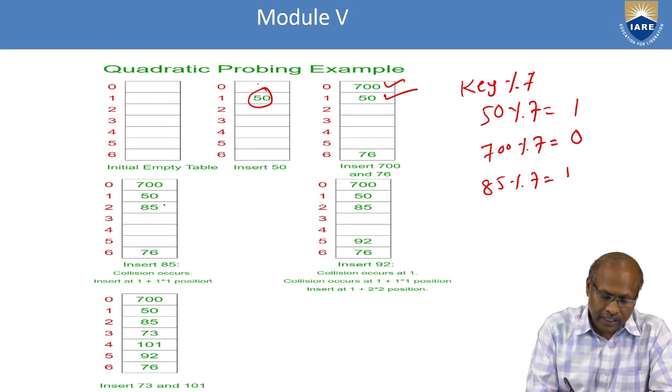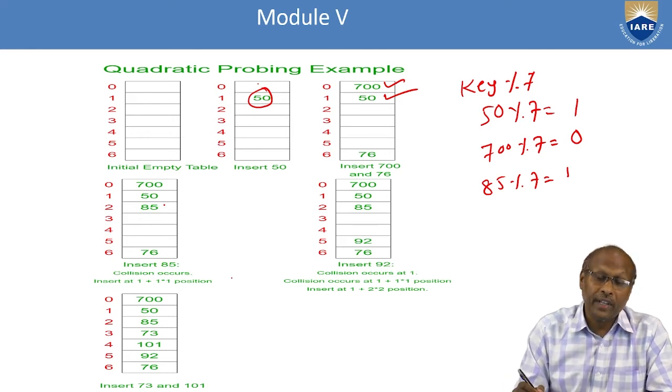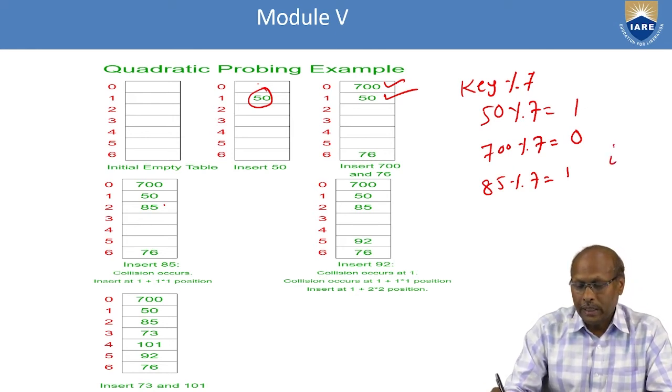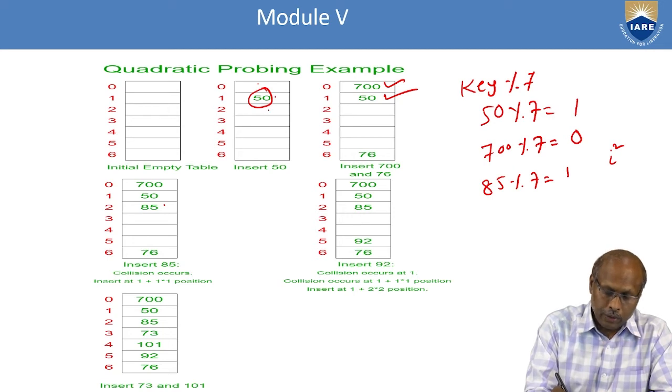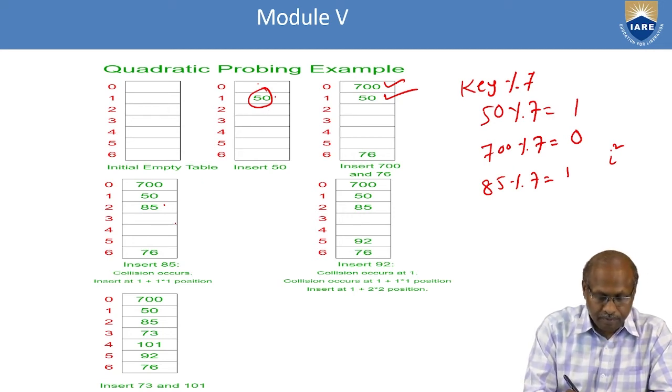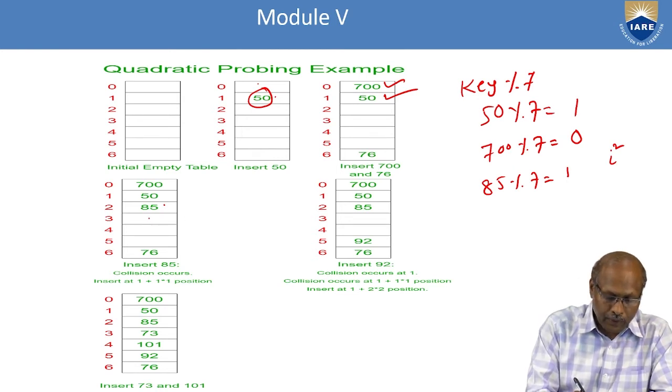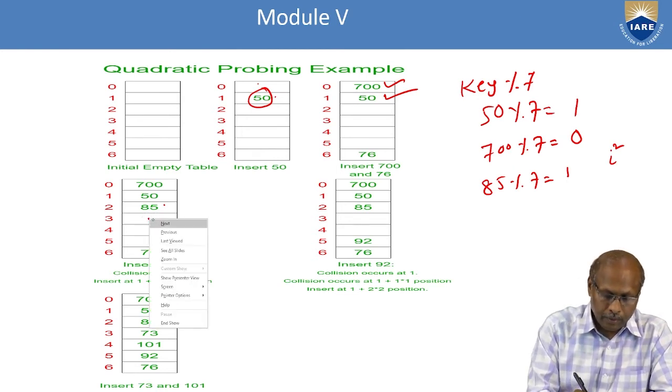So a collision occurs. So when a collision occurs, I should go to the next slot. Where should I go? I should go to i square. Initial i value is 1. 1 square means 1. So I will go 1 slot ahead from that place. Here this slot is free.